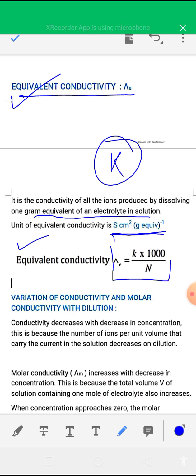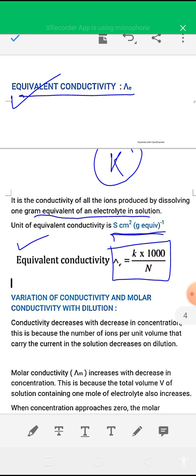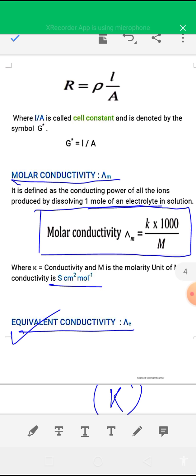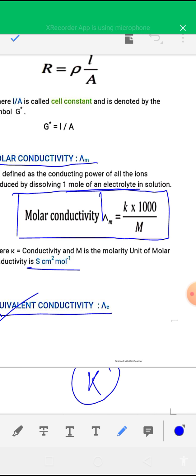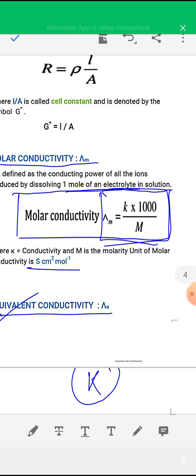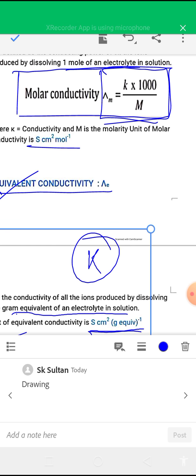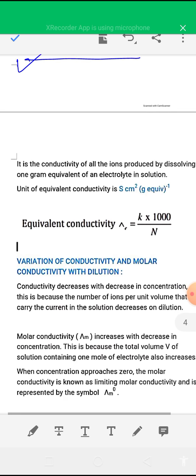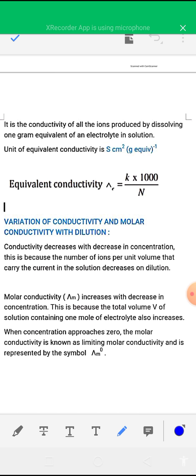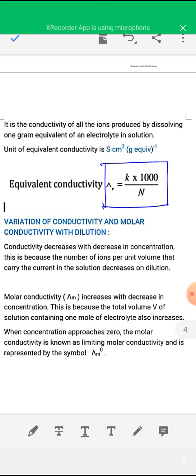And the relation between molar conductivity and specific conductivity is lambda M is equal to K into 1000 divided by M, where M is molarity.